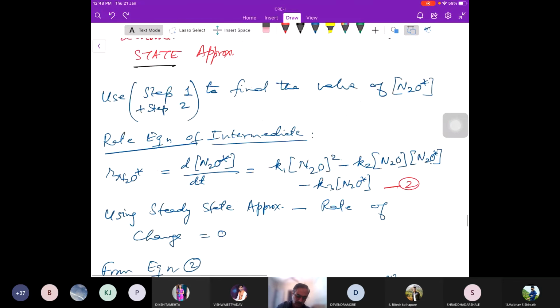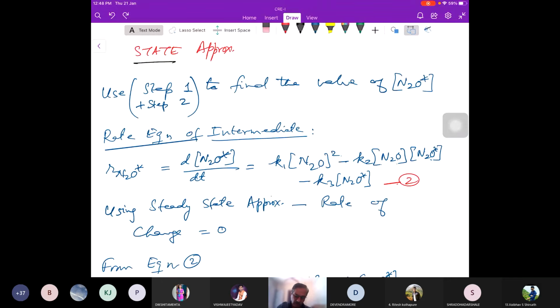Right? So that's what I have written here: k1 into [N2O]² minus k2 into [N2O] into [N2O*] minus k3 into [N2O*]. So that is now the rate of change of intermediate with time for this mechanism or this proposed scheme of reactions, and that at steady state is equal to 0.